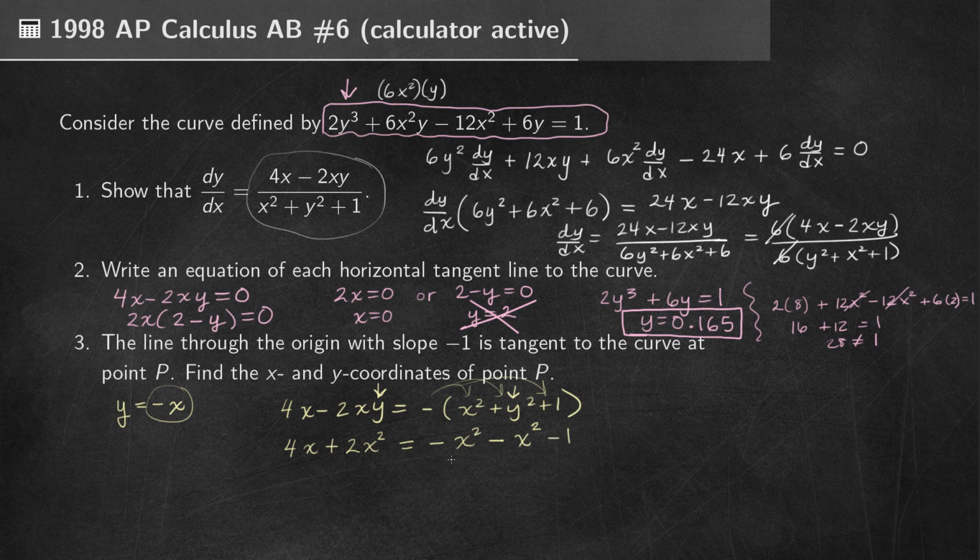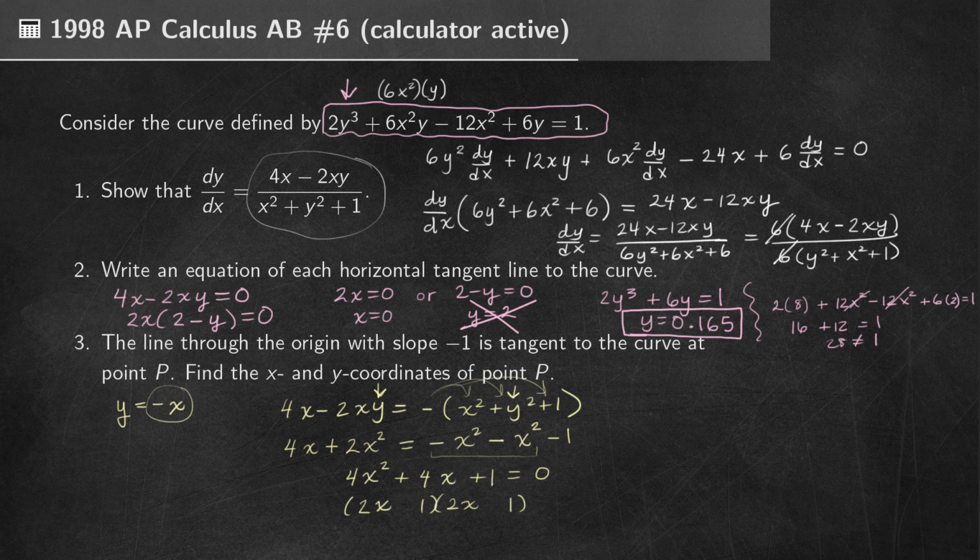Okay, so now the -x squared is -2x squared. If we add that to both sides, then over here we get 4x squared. And I have a plus 4x, and if I add the 1 over, I have plus 1 equals 0. And we can factor that. We get 2x and 2x, 1 and 1.